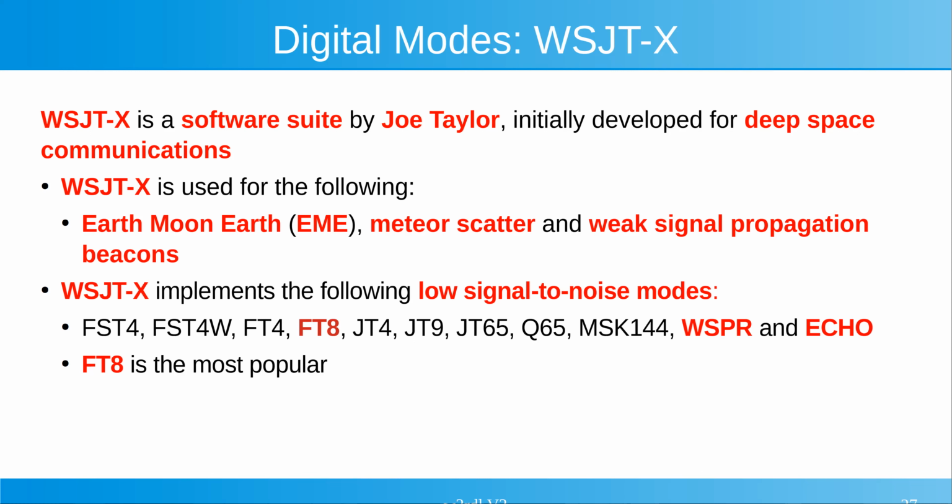I saw something the other day that claimed that you could do it with 150 watts on either 2 meters or 70 centimeters with like a 20 element Yagi. I'm not sure that's true, but first of all, it's hard to get 150 watts at 2 meters. Yeah, and even harder at 70 centimeters. Of all those modes, FT8 is the most popular one, at least at the moment.